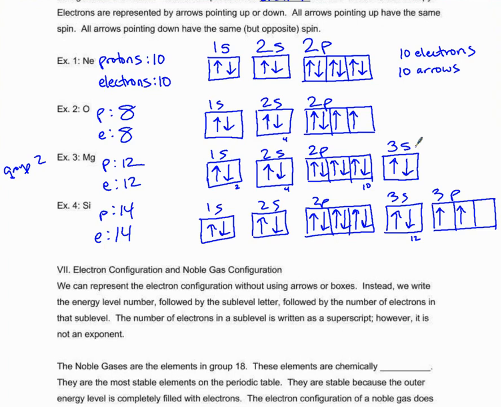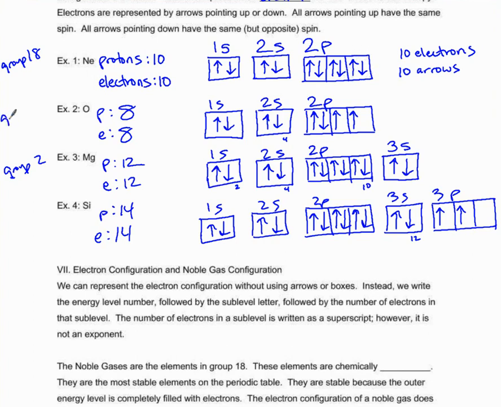I said that the P sublevel corresponded to groups 13 through 18. Here we have neon as group 18, and it ends with the P sublevel.